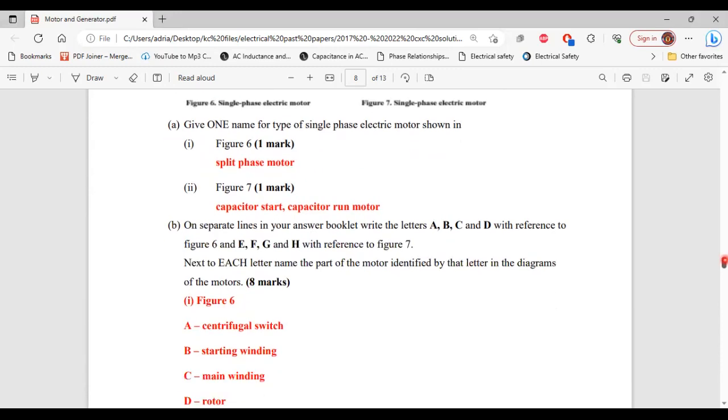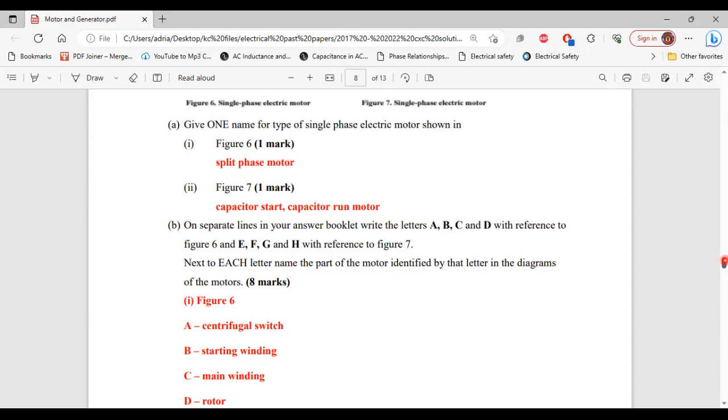Part B, it says on separate lines in your answer booklet, write the letters A, B, C, and D with reference to figure 6, and E, F, G, and H with reference to figure 7. Next to each letter, name the part of the motor identified by that letter in the diagrams of the motors.